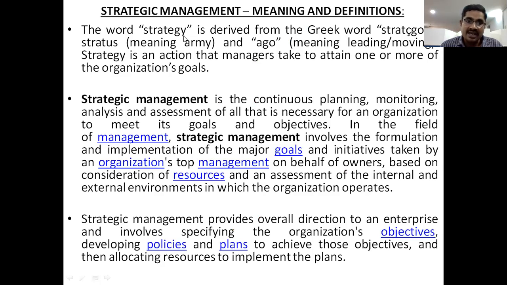The word strategy is derived from the Greek word strategos. Stratus means army, and egos means leading or moving his team. So simply, strategy in action is an action that managers take to attain one or more of the organizational goals.